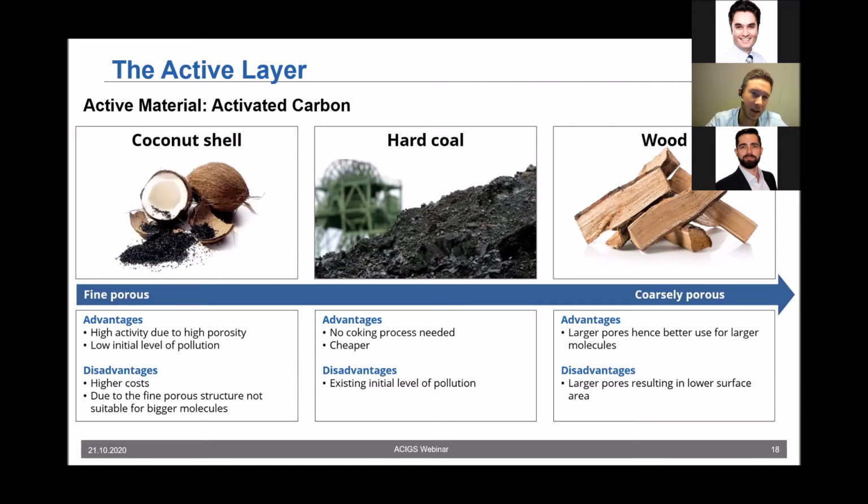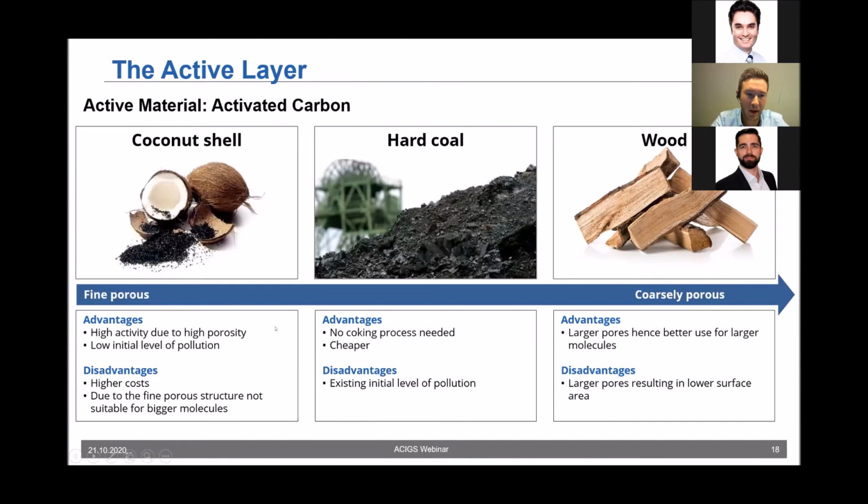All these activated carbons, these ACs, have different advantages and disadvantages. One thing is the price. The coconut shell is the most expensive one, and the wood is a bit cheaper. When it comes to price questions, and customers ask us what the price of an active geocomposite will be, we have to say, okay, we really have to go into detail here to get a serious pricing, because we have to see if we need coconut shell or if we need wood.